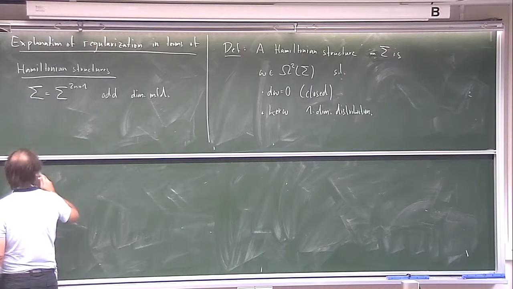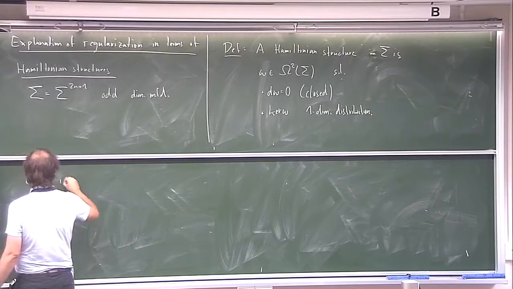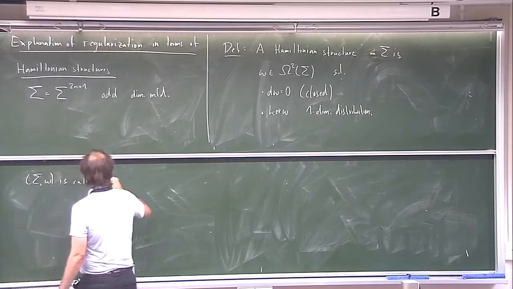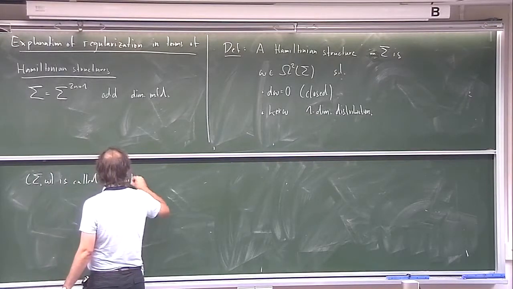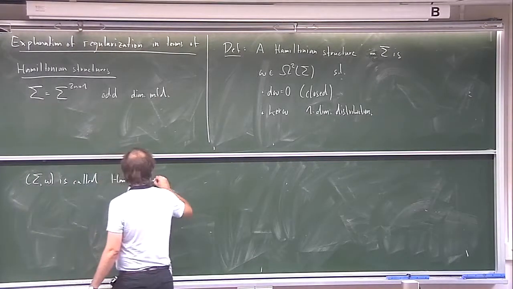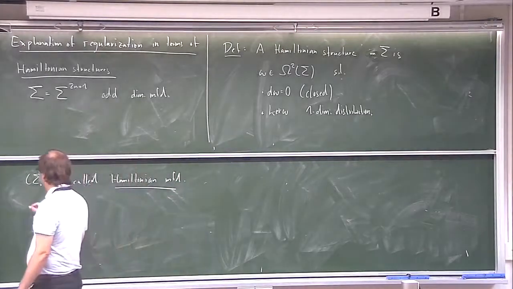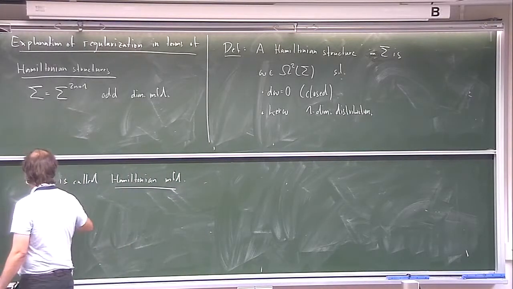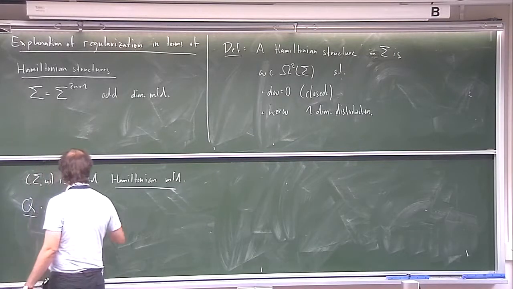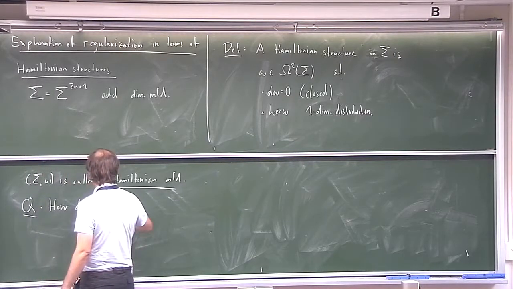So how, let's go, maybe (sigma, omega) is called a Hamiltonian manifold. So how do Hamiltonian manifolds arise?